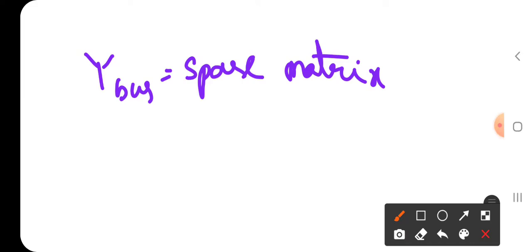So sparse matrix means the matrix which contains more zeros compared to the non-zero values, then it is called the sparse matrix. Like this, the Y-bus matrix is a sparse matrix.